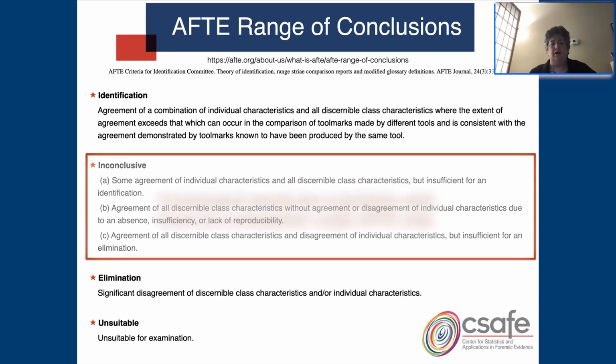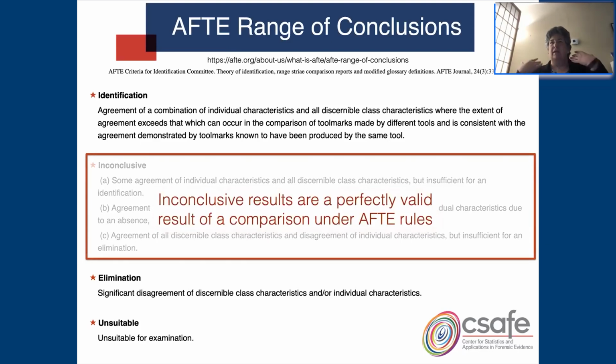So from the point of view of the examiner, a comparison that results in an inconclusive result is a perfectly valid result. And the examiner is doing the right thing in their job to say that this result is inconclusive.